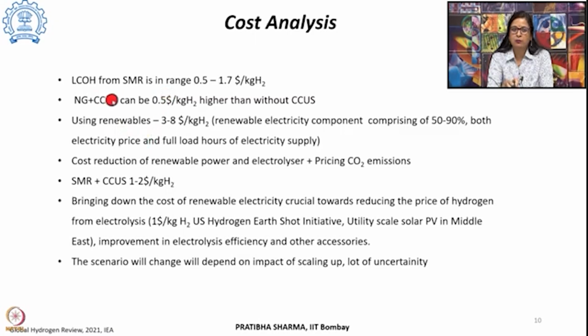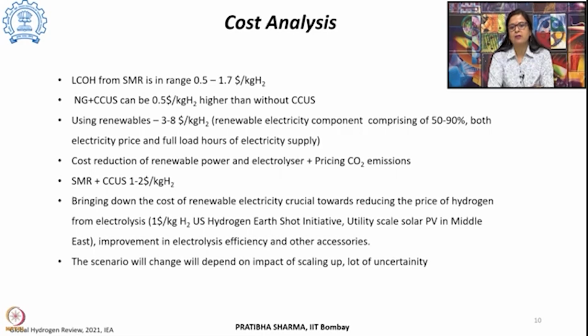Now, when it comes to production from steam methane reforming with carbon capture, use and sequestration, the price typically lies in the range of $1 to $2 per kg. So, what is important is to produce hydrogen in a sustainable manner from renewables. For that, the cost of renewable electricity should come down, and that will be crucial towards reducing the price of hydrogen from electrolysis.